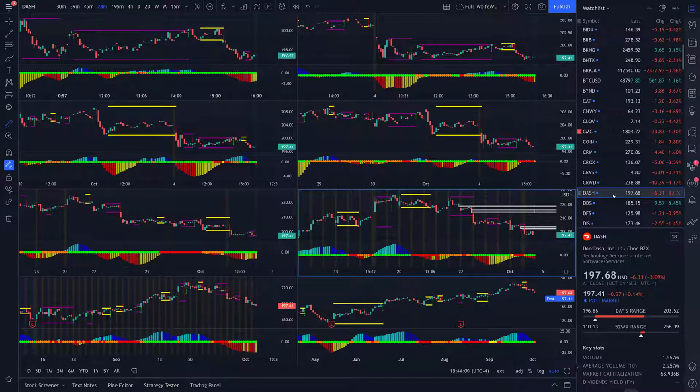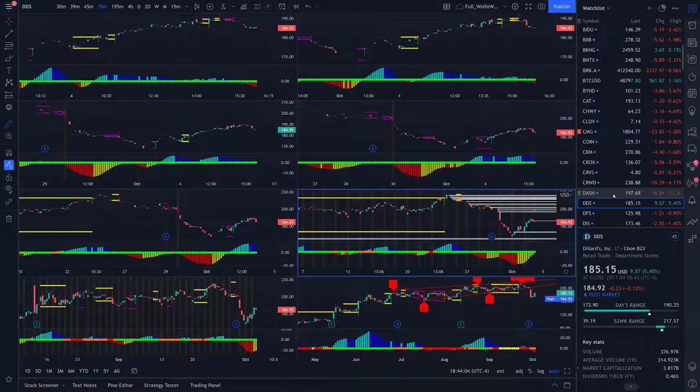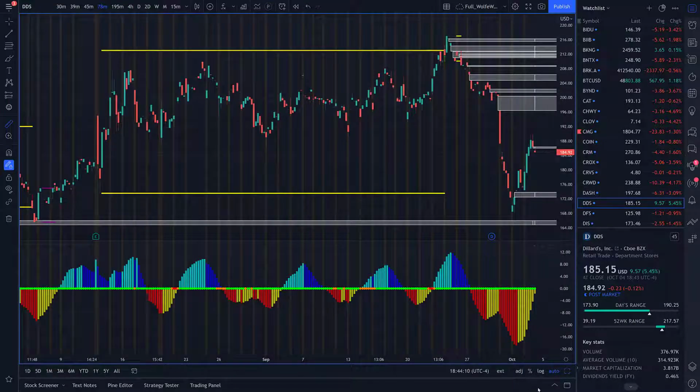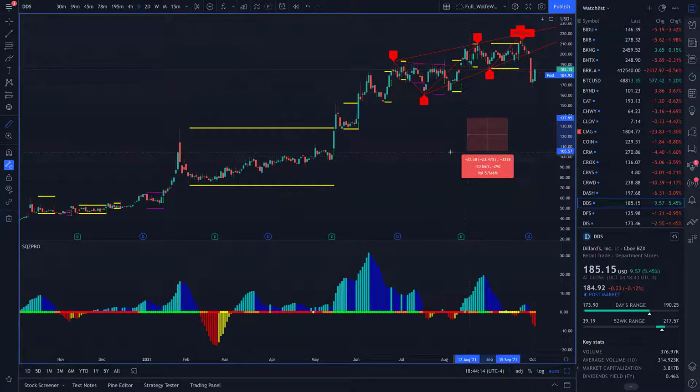We got DASH, it's got nothing there. DDS. So DDS kind of made its move on the daily. Bearish Wolfe wave. Well, that was a pretty nice one.